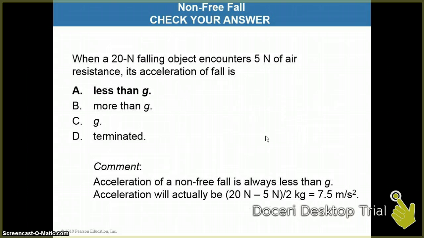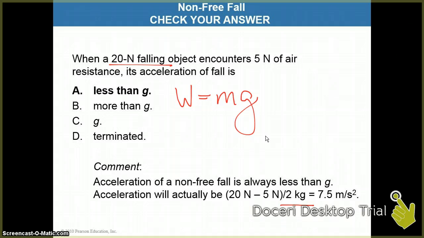Now, how do you know that the mass of the object is 2 kilograms? Well, we know that this is the weight of the object. It weighs 20 newtons. And weight is equal to mg, right? Weight is equal to the mass of the object times the acceleration of the object in free fall. That's simply the definition of weight, which we had from an earlier episode.